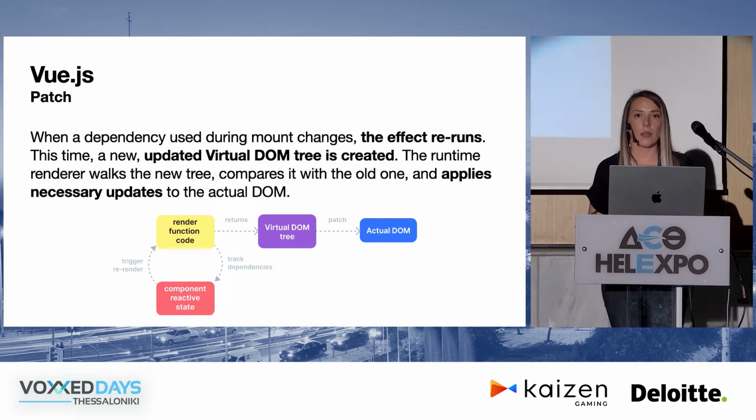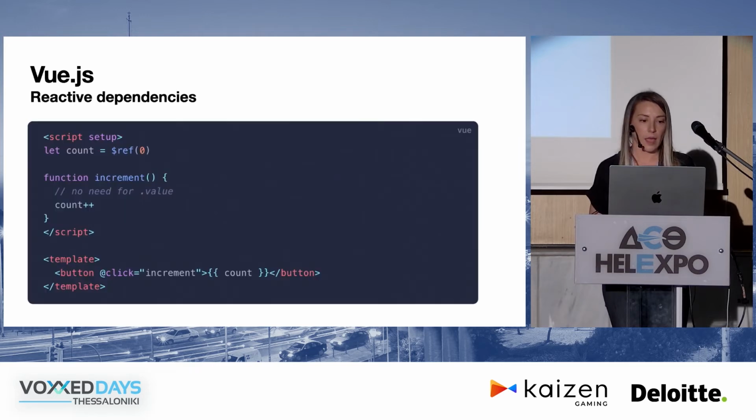For that, Vue repeats the same cycle. It reruns the render and updates the virtual DOM. It compares this new updated tree with the old one, and if there are necessary changes, then it applies those changes. But let's take a better look at that.